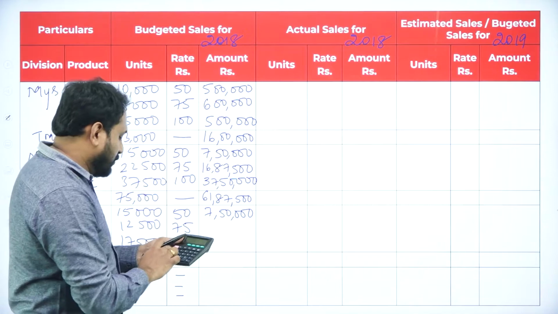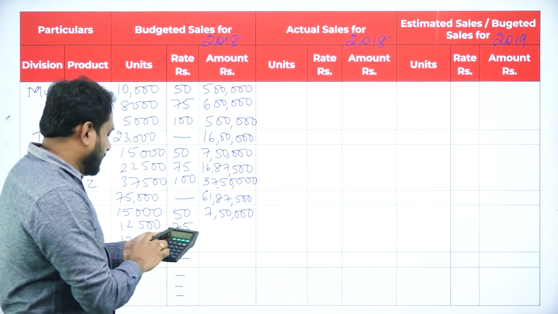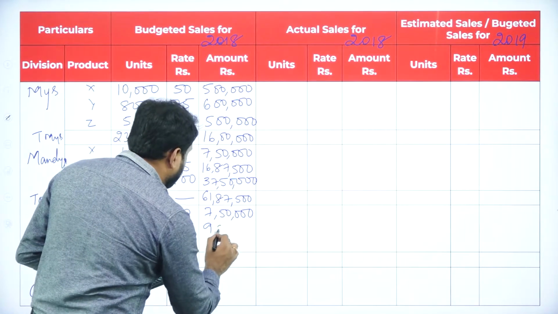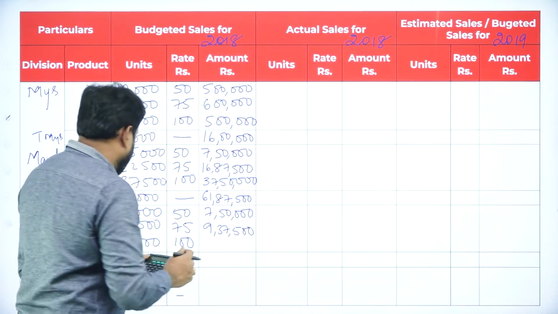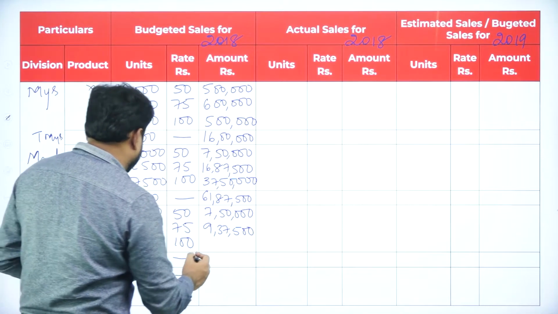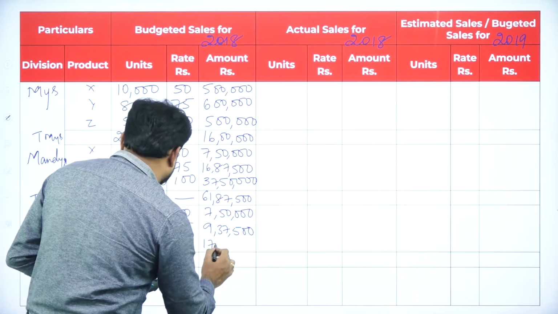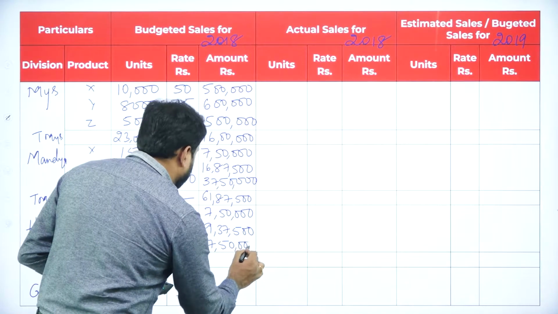Next one we have is 12,500 into 75. We have 9,37,500. And the last one here we have 17,50,000.